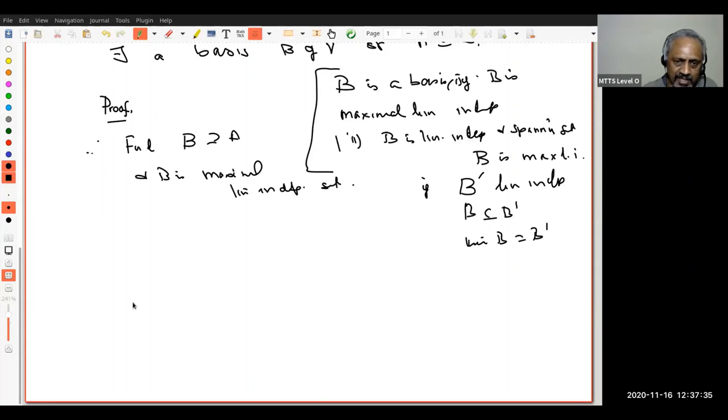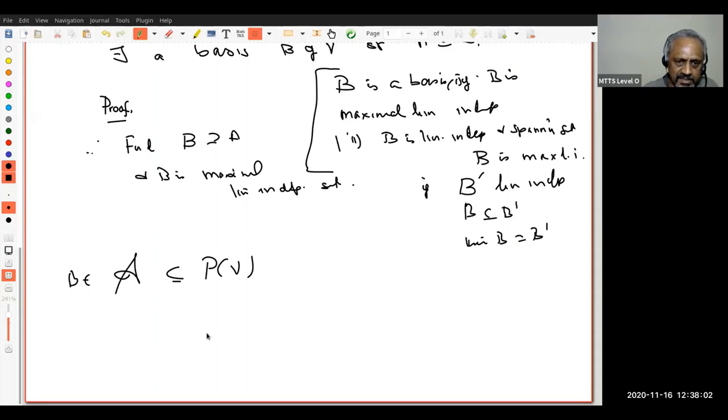Therefore, what kind of collection of subsets? I want to construct script A, which is a collection of subsets of the power set of B, that is, subsets of B. So what kind of subset should be there? That's what you have to ask. First, if a B has to be here, then B must contain A. That's the first condition.